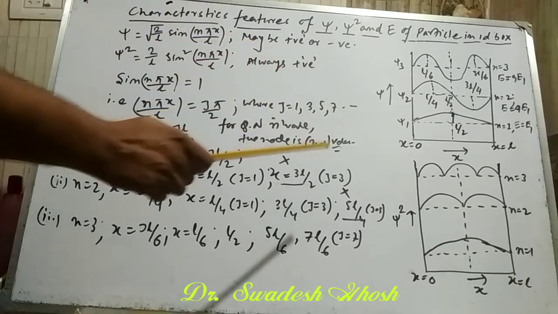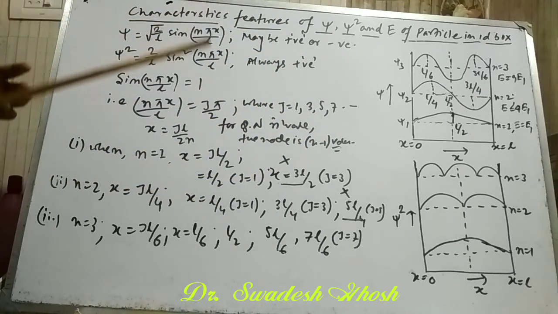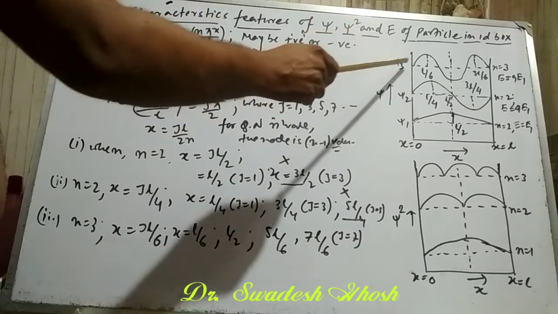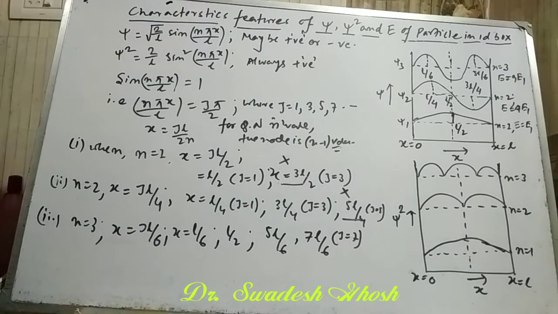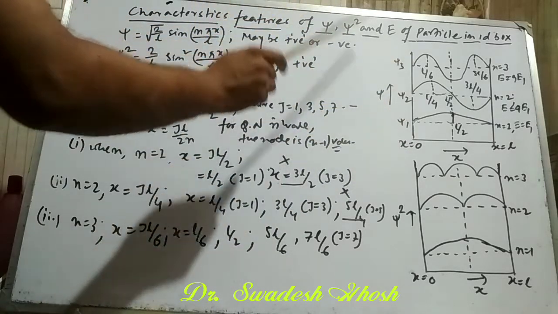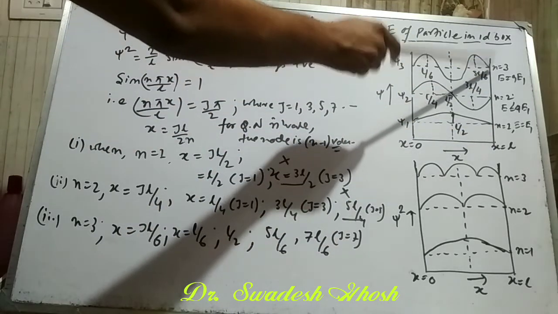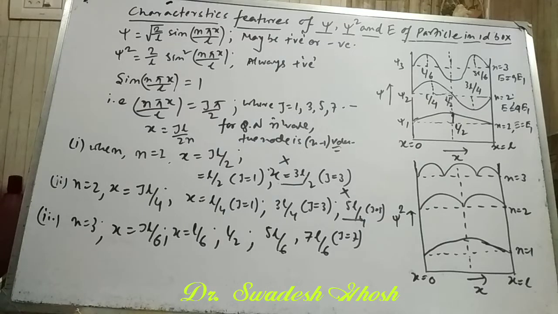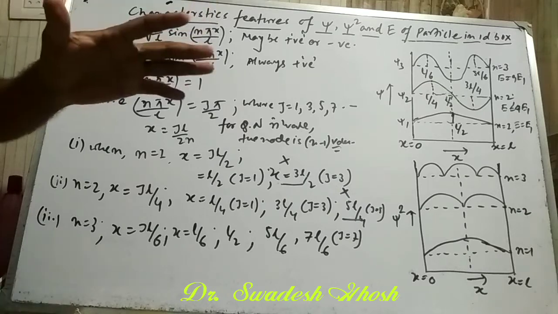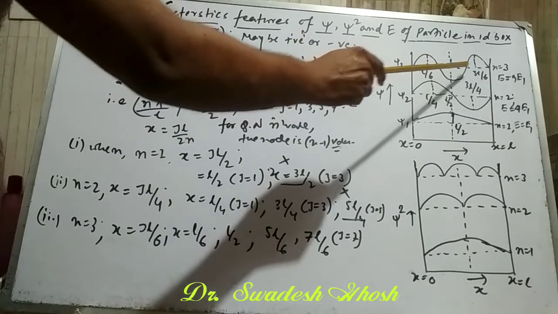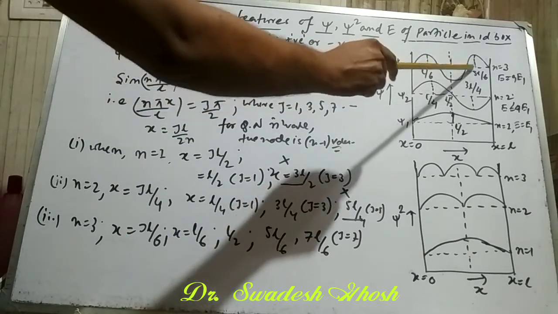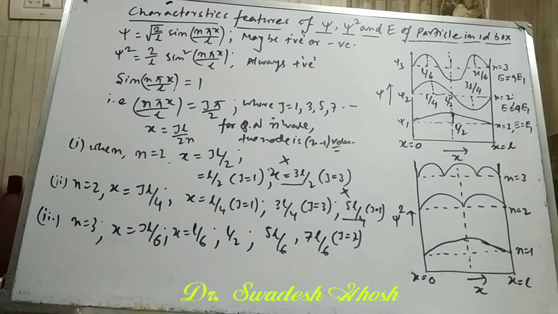Okay? For n equal to 3, the wave function psi 3 vanishes at x equal to 0 and x equal to L, that is the boundaries, and also vanishes at the internal node points. At these points the wave function of the electron is 0, that is, a node is generated.